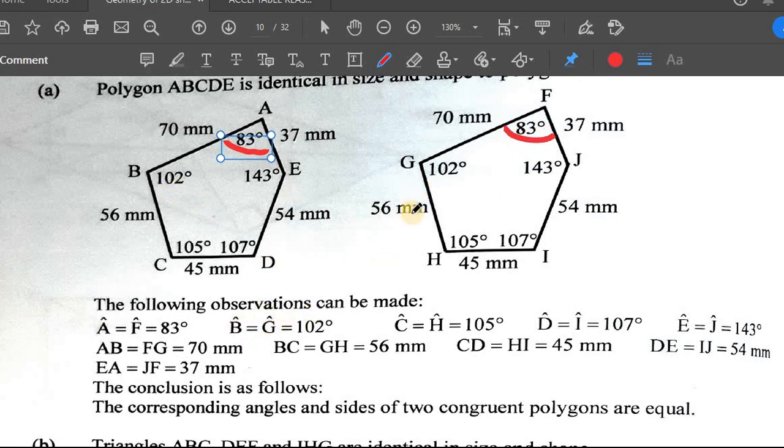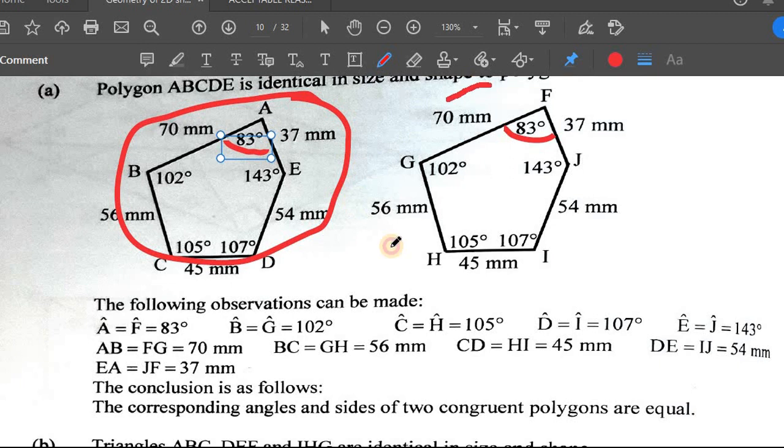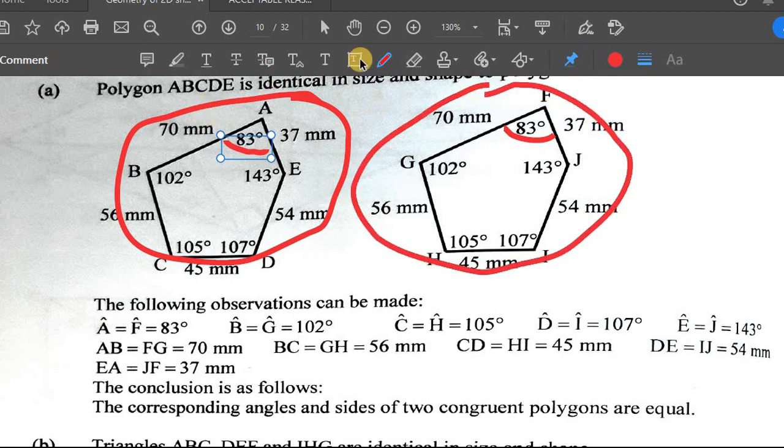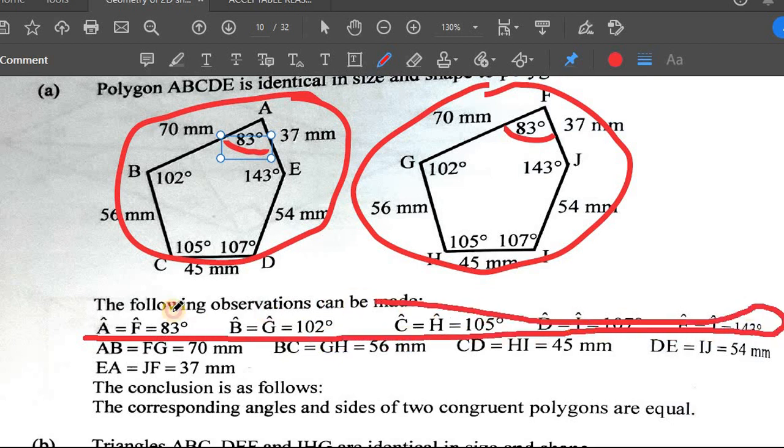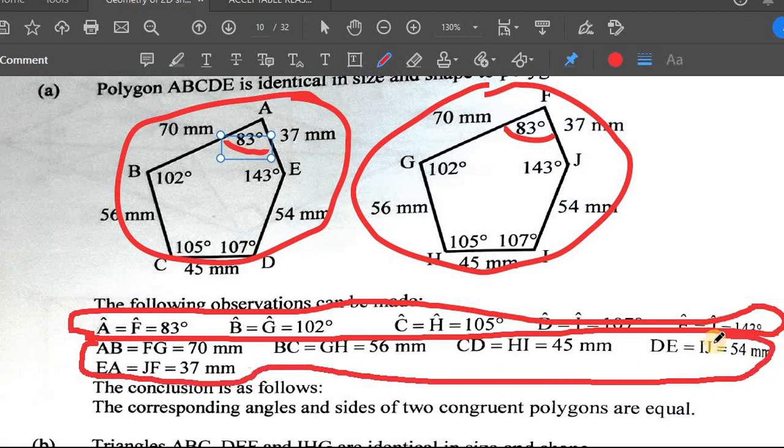Angle B is equal to angle G, etc. We're making these comparisons. How is this shape equal to that shape? How is the shape exactly the same as that shape? Now we look at which are the corresponding angles. We've done our angles first, then we are doing our sides, right?